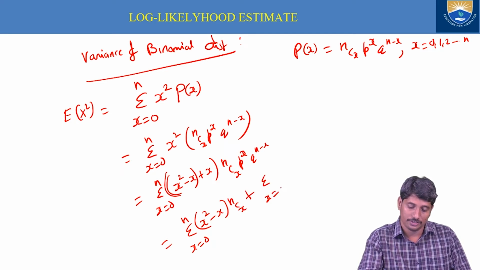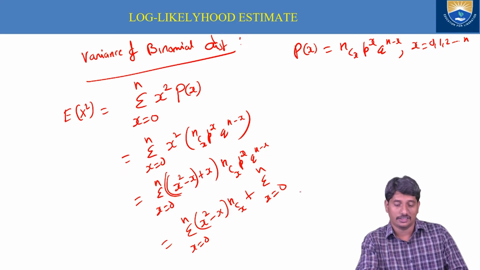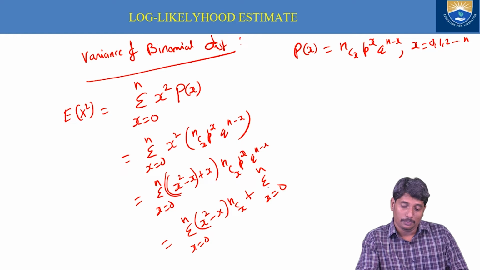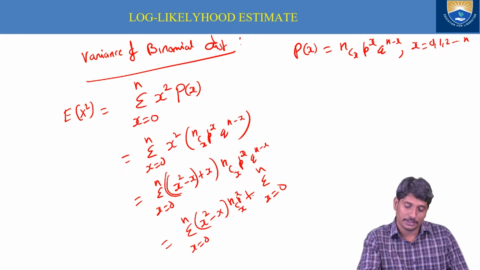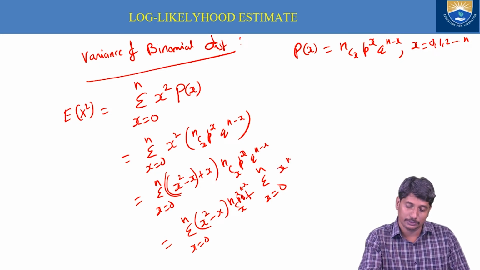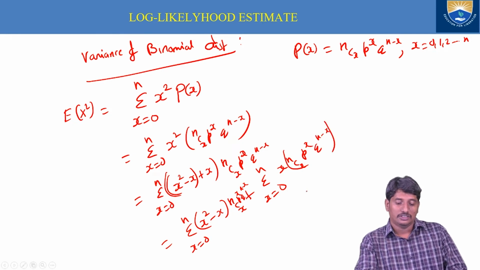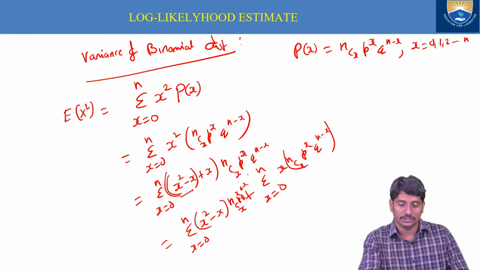That is, summation x is equal to 0 to n, (x square minus x) into nCx p power x q power n minus x, and summation x is equal to 0 to n, x into nCx p power x q power n minus x. Okay, after separating the summation, we will get this.